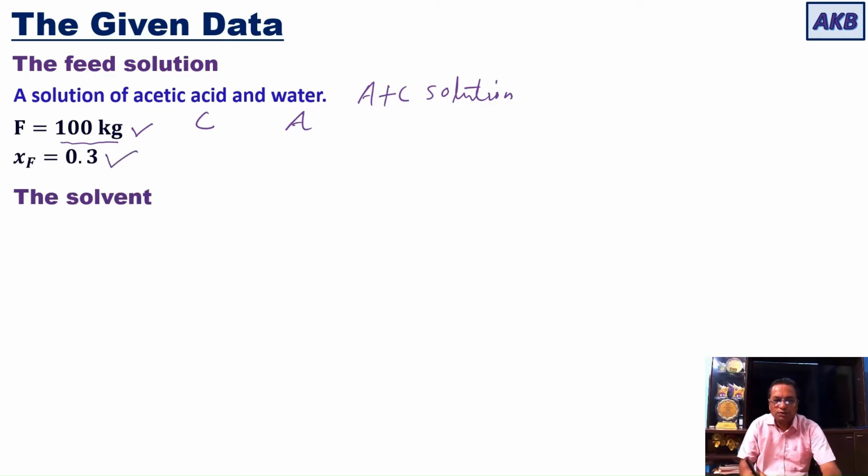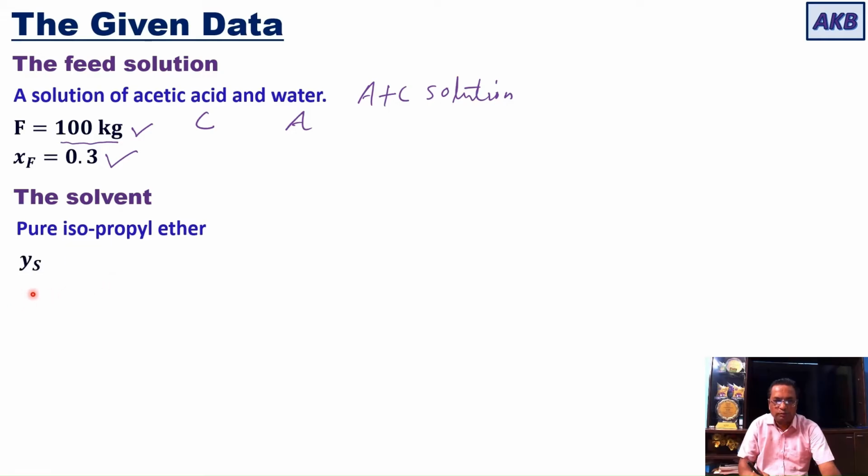Then the solvent to be used in the operation is pure isopropyl ether. That means in the solvent phase you have just isopropyl ether. There is no presence of acetic acid and A in it. If it was a reused recovered solvent, then the solvent phase would contain all the three components. But over here, since pure solvent is being used, it will contain only solvent.